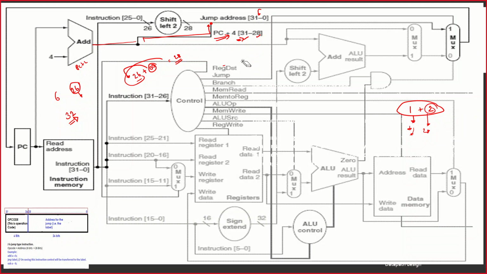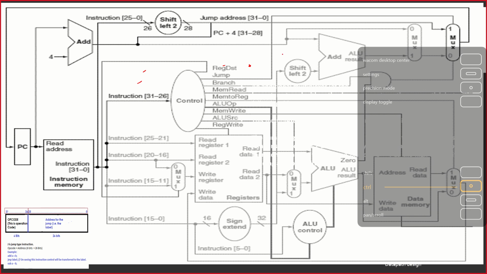Once this jumping is decided, I need to add an additional multiplexer to accomplish this process. Why do we need an additional multiplexer, sir? Because we have a multiplexer which can handle only 2 inputs and we did not make it a 3 input multiplexer. So we can have the 3 input multiplexer as well. I'll tell you a little later how to go ahead with it. Now I added an additional multiplexer here.